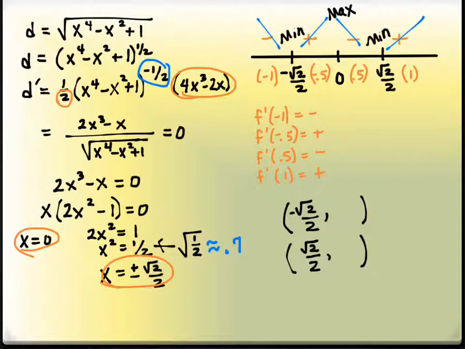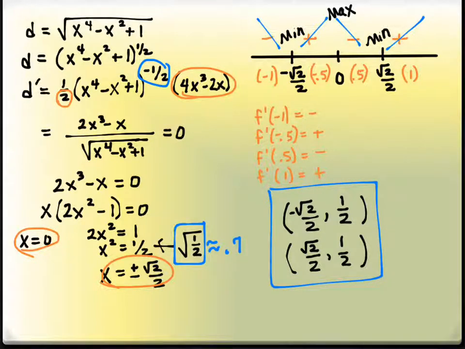What else happens? It is 1/2. In fact, it might even be easier to go back to an earlier version of the square root. It's just square root of 1/2. What happens when I square root of 1/2? The square root goes away. And it happens for both of them, right? Same y values. So these are my 2 points that are the closest or nearest points on my graph y equals x squared to the point 0, 1.